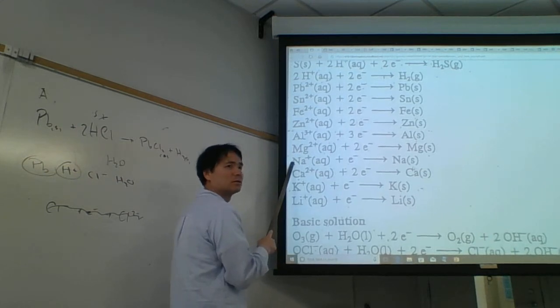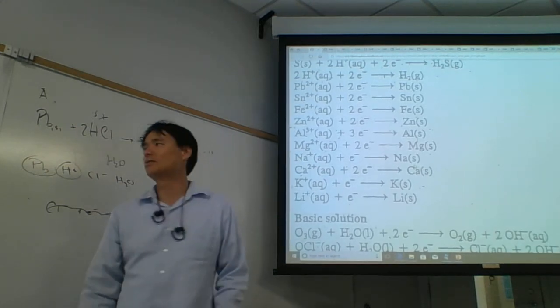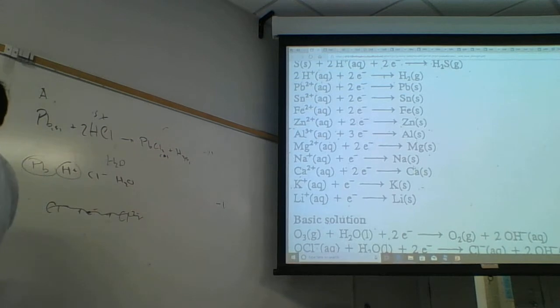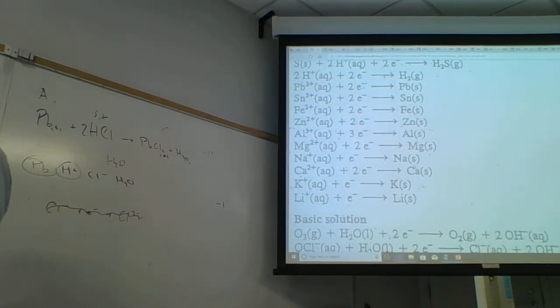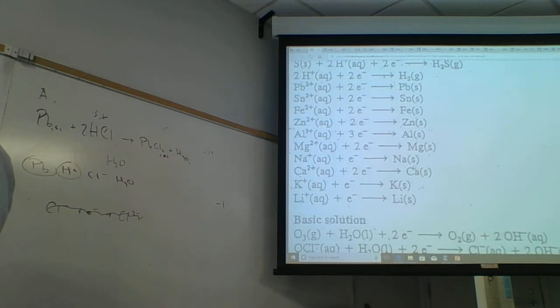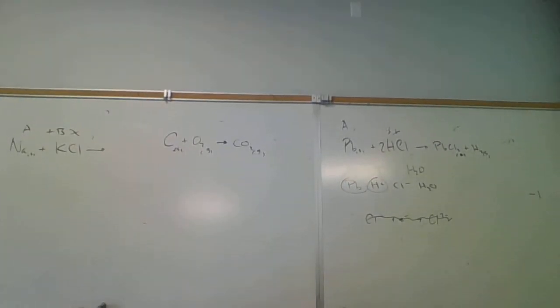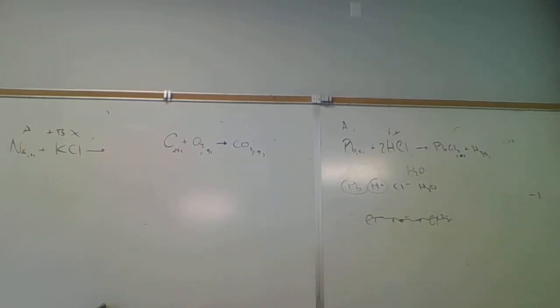So that works. I already see there's going to be a reaction here. It's not going to be with KCl, it's going to be with water. And so this one, the single replacement pattern doesn't work here. But the chart method always works, at least for predicting what we expect.